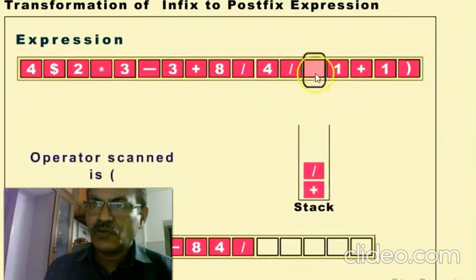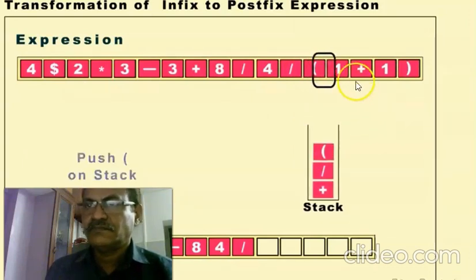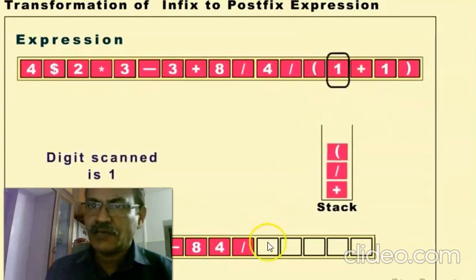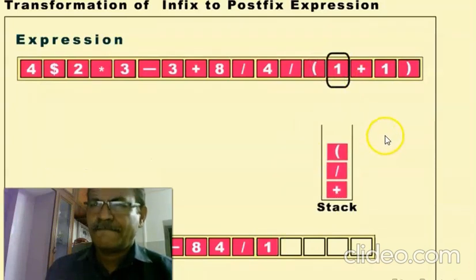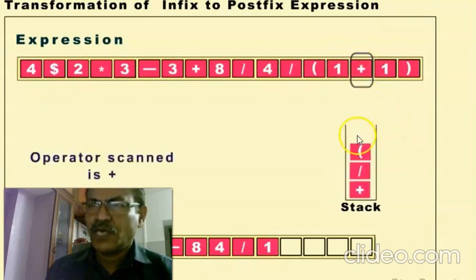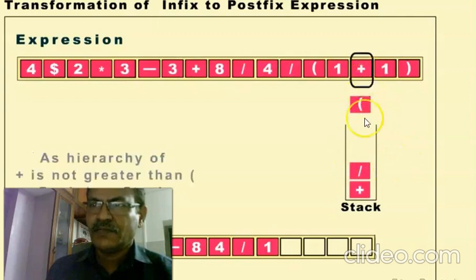Opening brackets also go into the stack. This is an operand, it should come here. An operator can go here because it won't be compared with a bracket. No effect with this bracket, it can go directly into the stack.